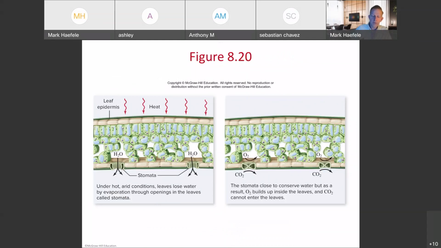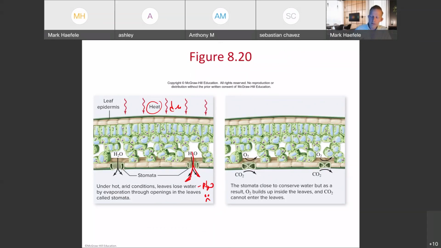So basically, when you have this, your water is going to be trapped inside. When it starts to get really hot and dry, all that water is going to go through those open stomata and you're going to receive a net water loss, which is bad. You don't want that. So what is your response in order to save water and to keep from dehydrating? You close your stomata.